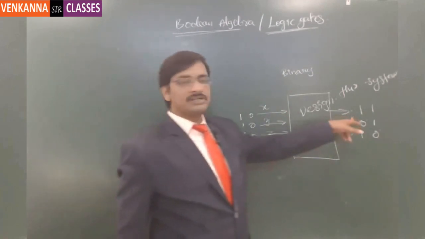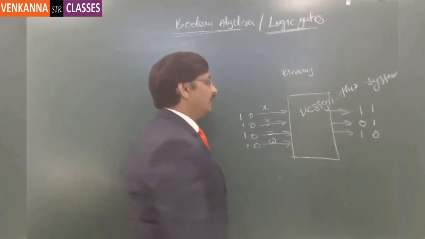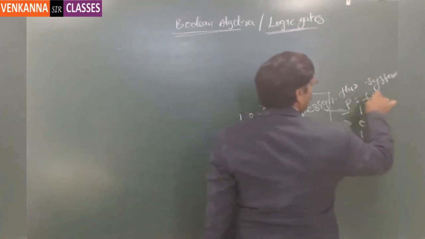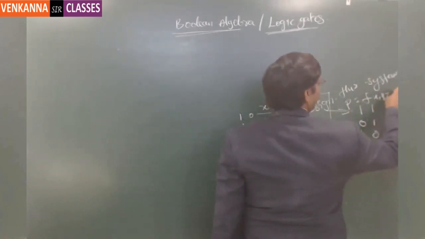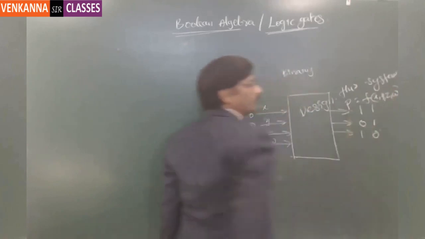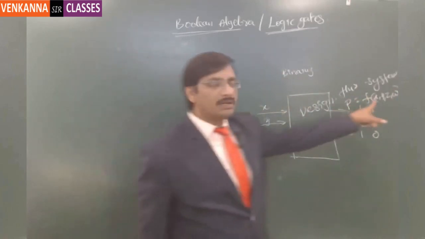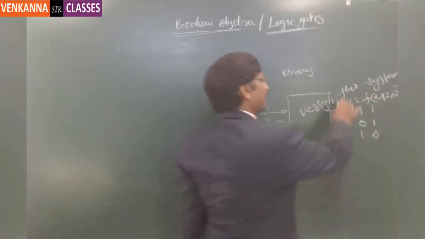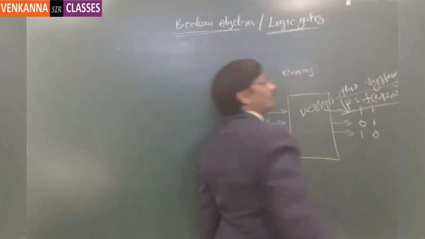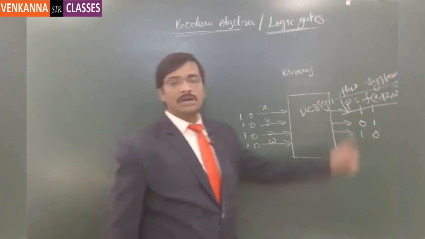Then the function I am expecting here, let us say, is p equal to f of x, y, z, w. For these inputs you are expecting this output. Mathematically I can express this as p equal to f of x, y, z, w.